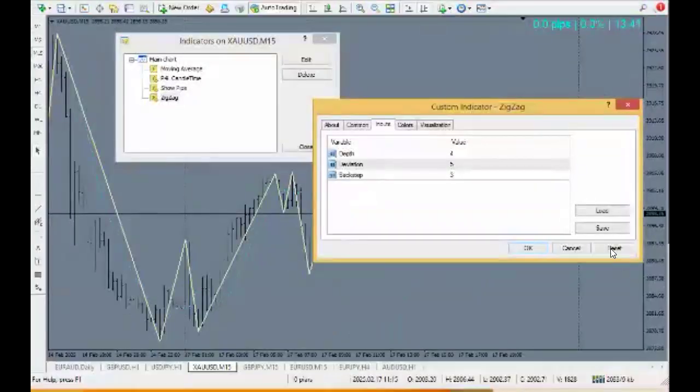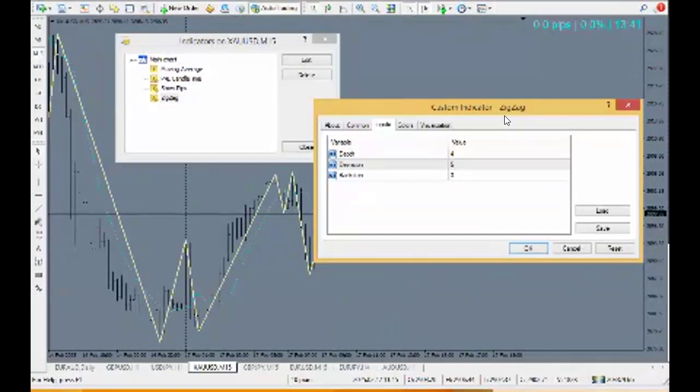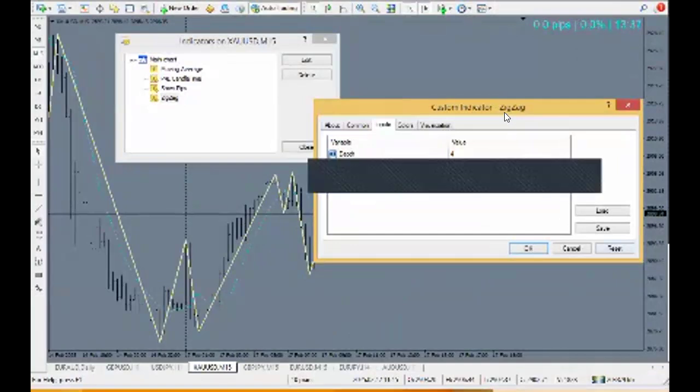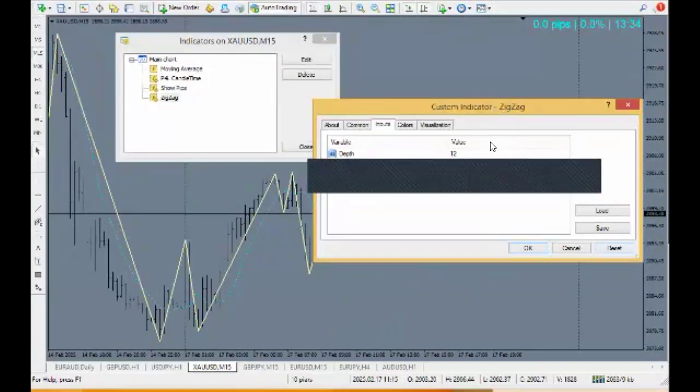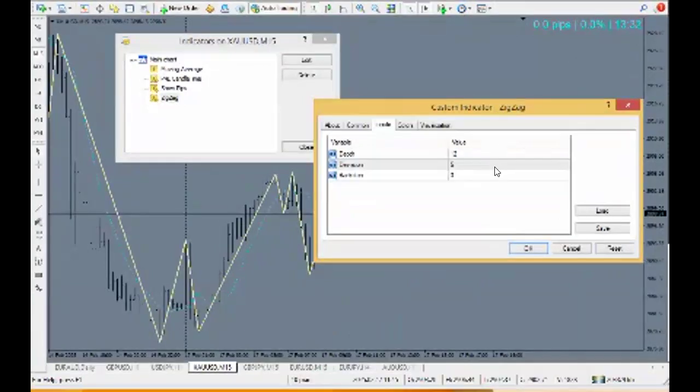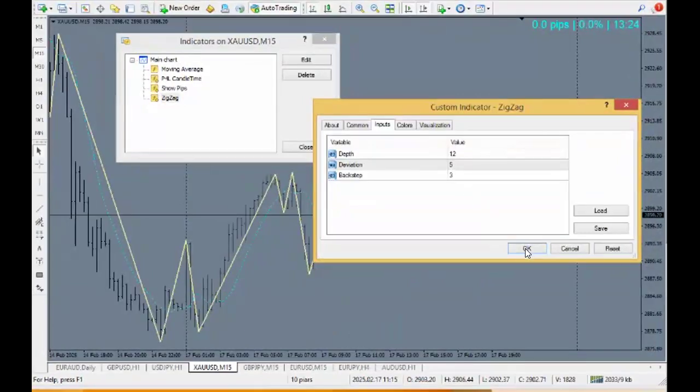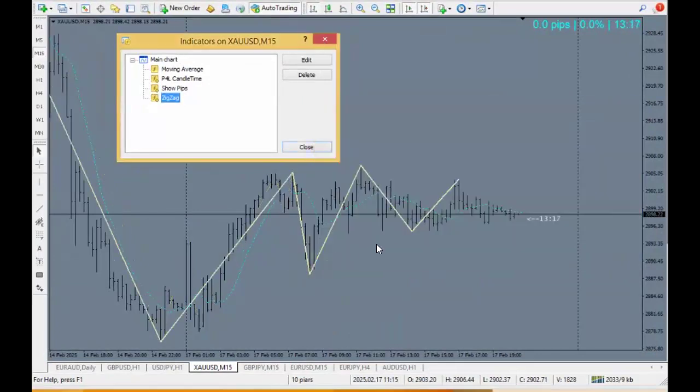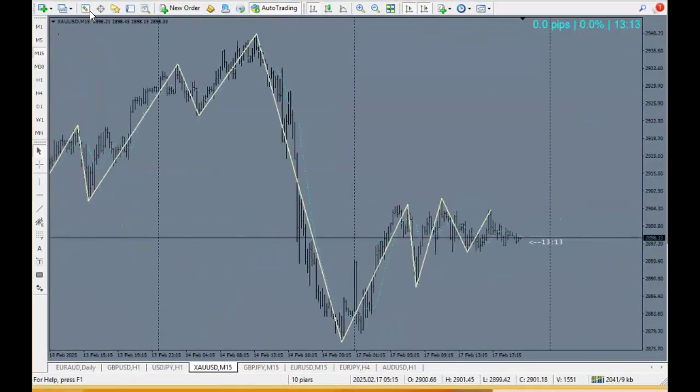If I press default on that 453, the default gives me 1253. If I put okay there, let's see what it does. Can you see the change?